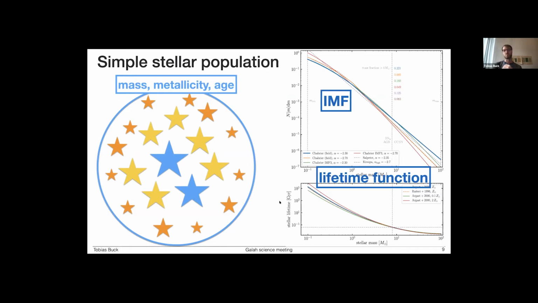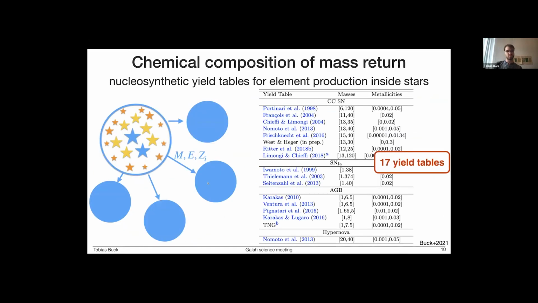And combining that with our knowledge about which stars should go supernova, which stars should result in a supernova 1A, and which go through an AGB phase, we can model the chemical enrichment in these kind of simulations. And what we need as well is a set of yields, so we know which stellar mass at which time gives us which chemical composition, so that we can feed that back to the surrounding gas.